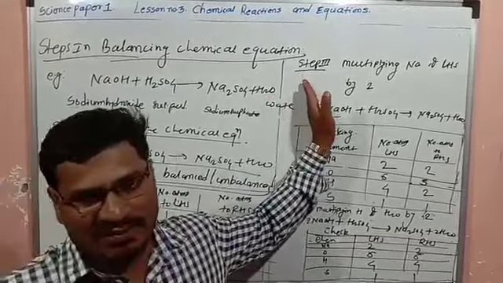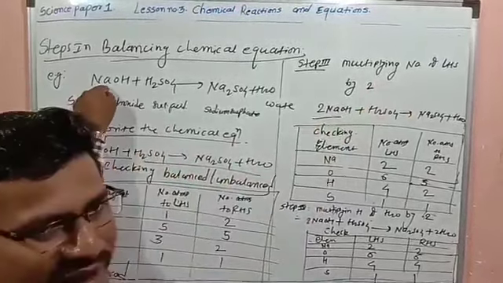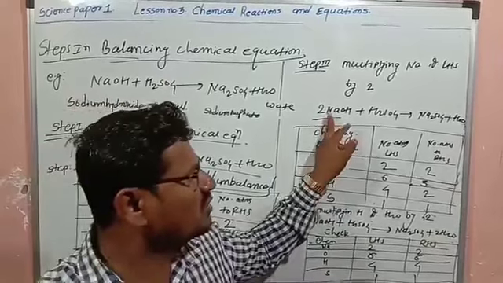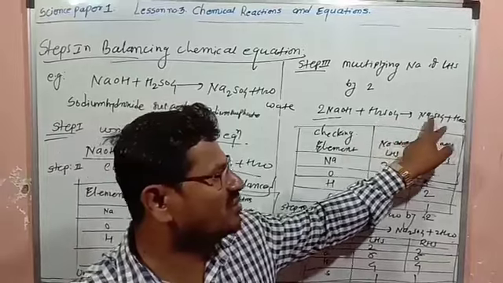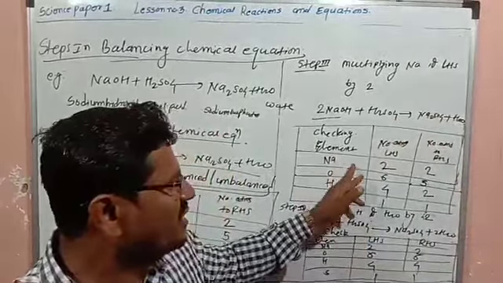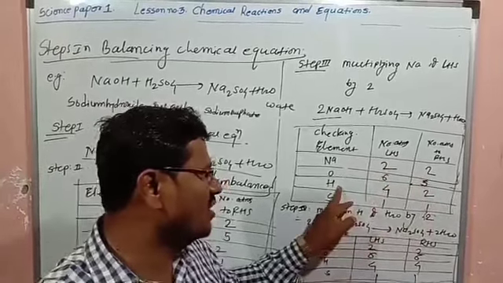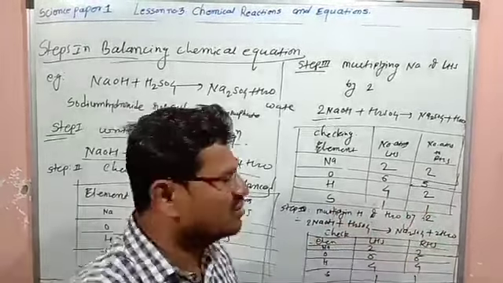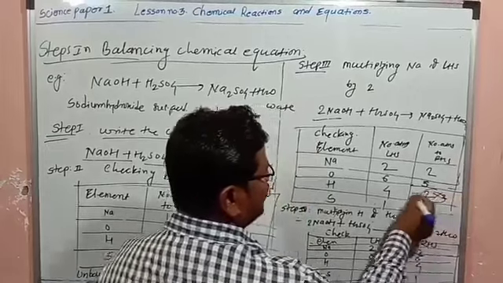So in the third step, you have to multiply the sodium of NaOH by 2. So you are multiplying here: twice NaOH plus H2SO4 gives Na2SO4 plus H2O. And by checking, sodium is 2, 2, oxygen 6, 5, hydrogen 4, 2, and sulfur 1, 1. So you have to multiply here by 2, then it will become 4.